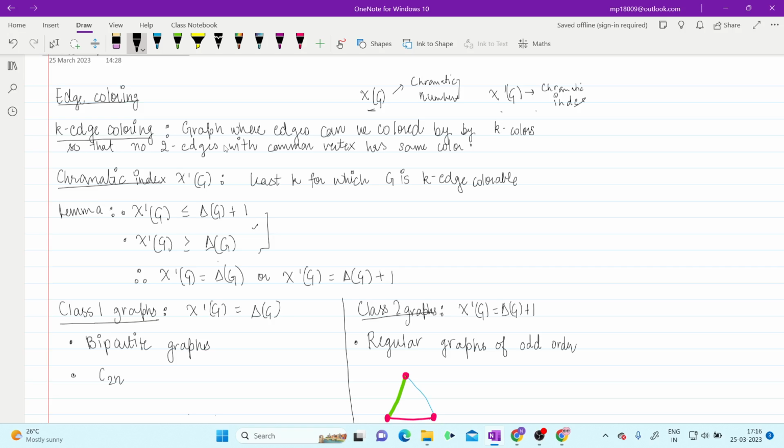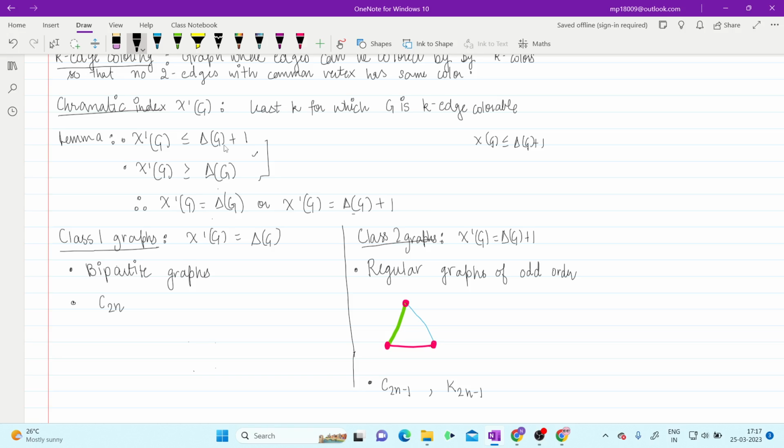So this is very different from the chromatic number. For the chromatic number we have various possibilities; we just have that it should be less than or equal to maximum degree plus 1, and all types of values can be attained. But for the chromatic index we have just two possibilities. It can either be equal to the maximum degree, or it can be equal to maximum degree plus 1.